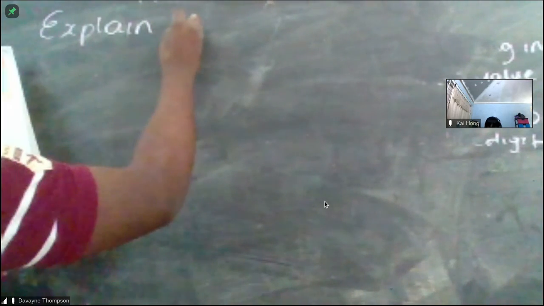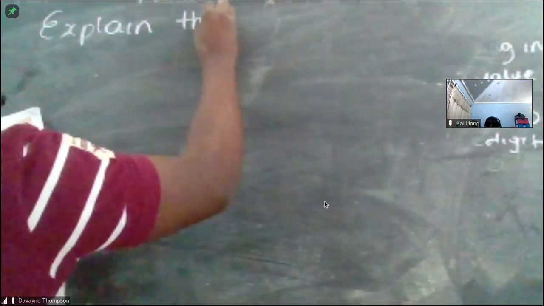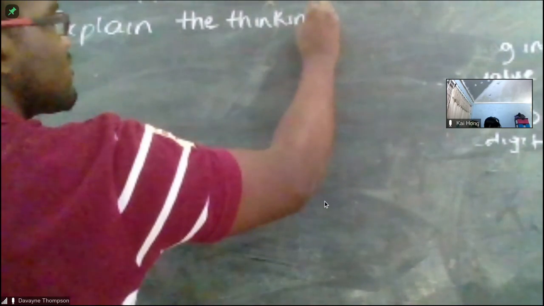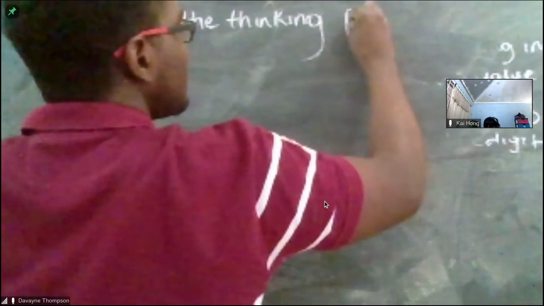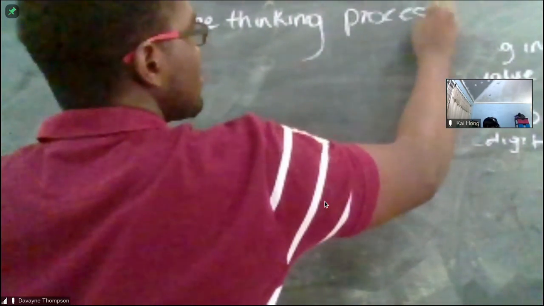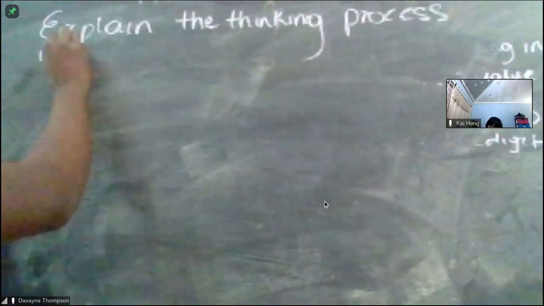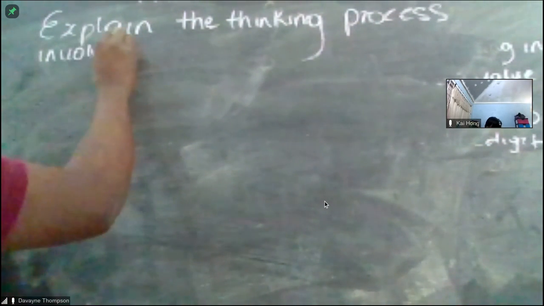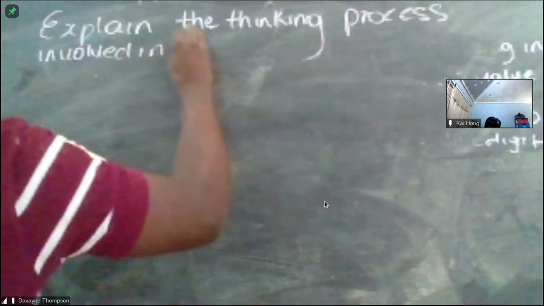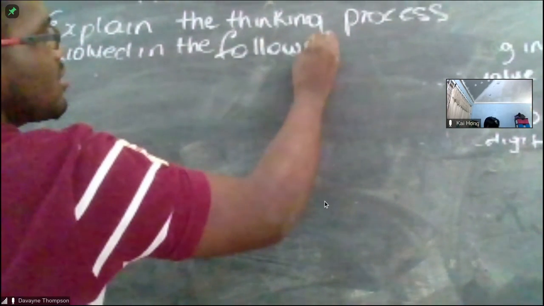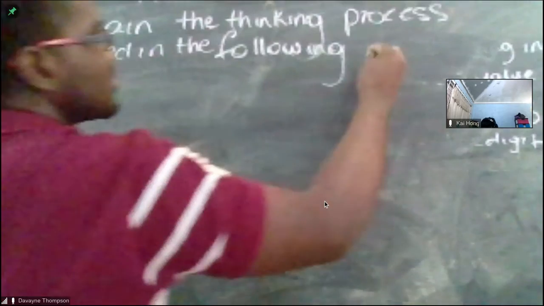The homework says, explain the thinking process involved in the following computations.